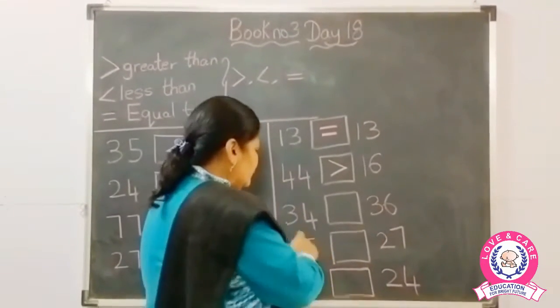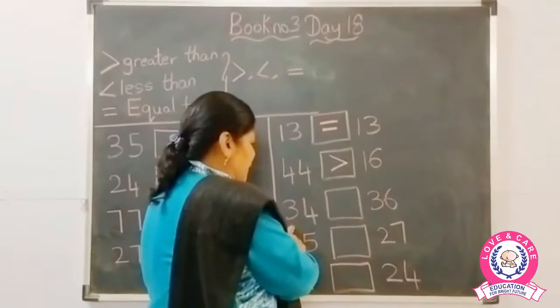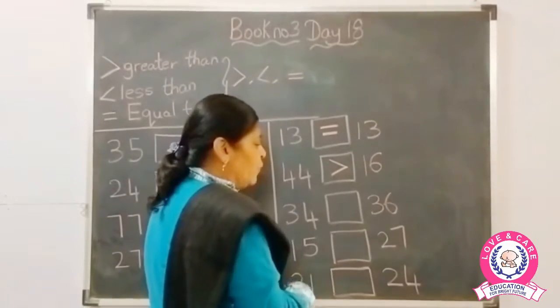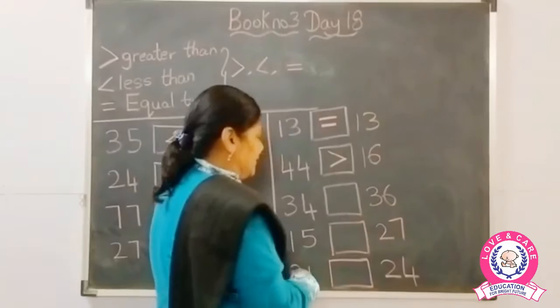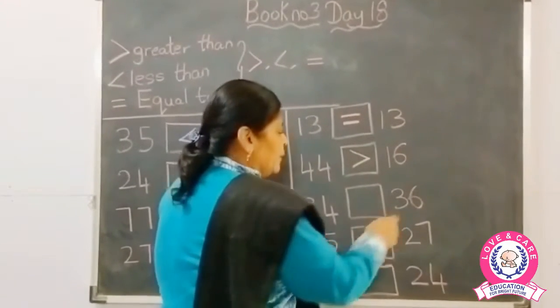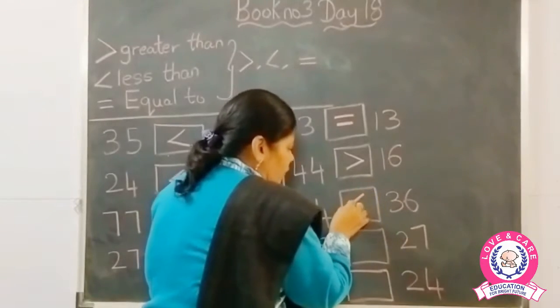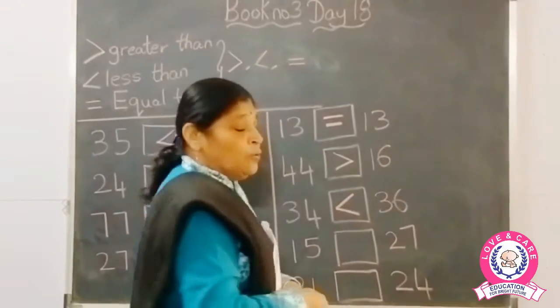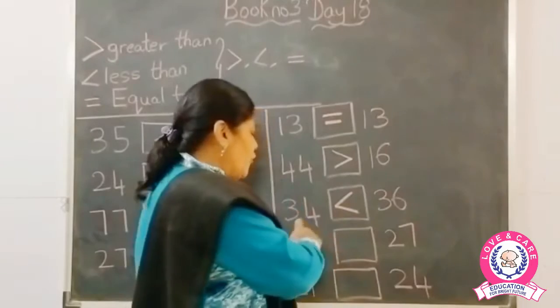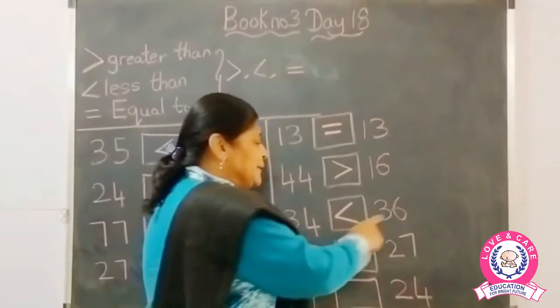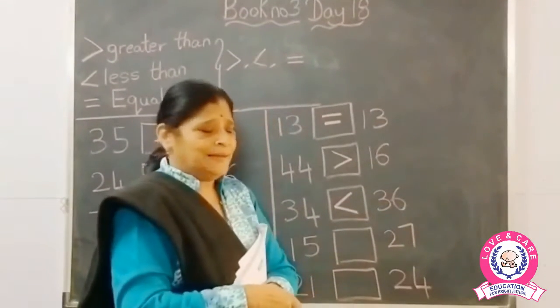Okay. Now the next number. 34, 36. So here the number 36 is greater. So we have to put a sign like that. So what we say is 34 is less than 36.